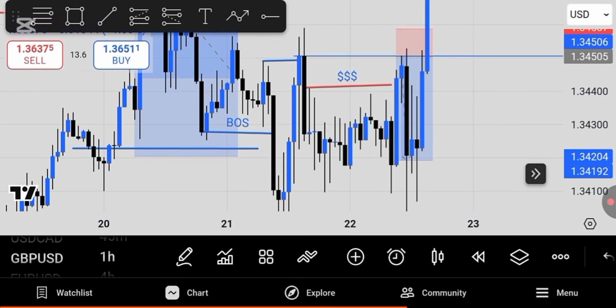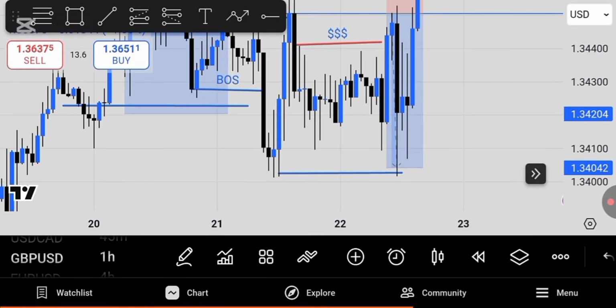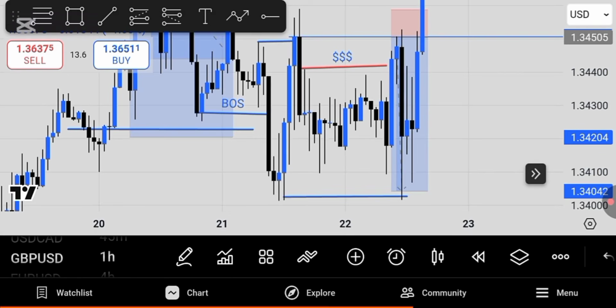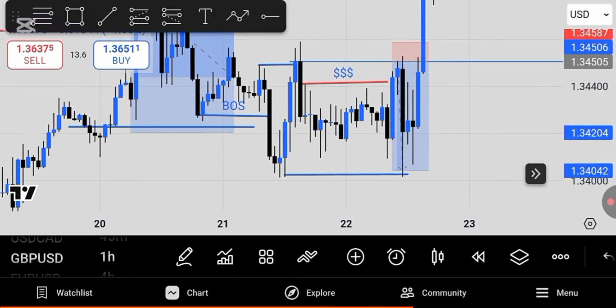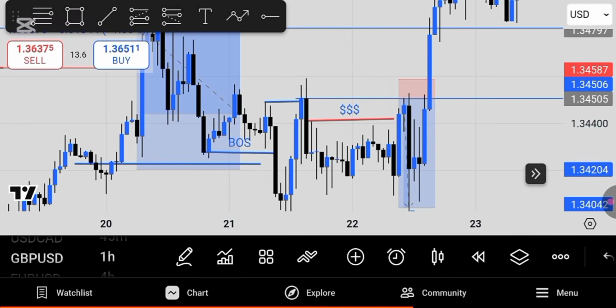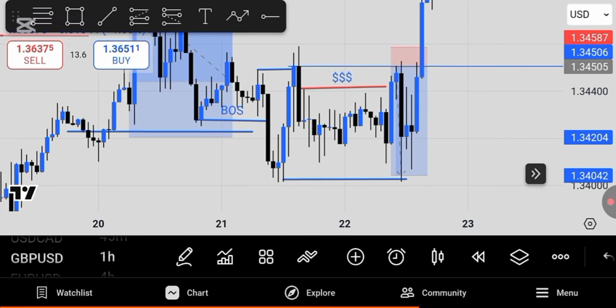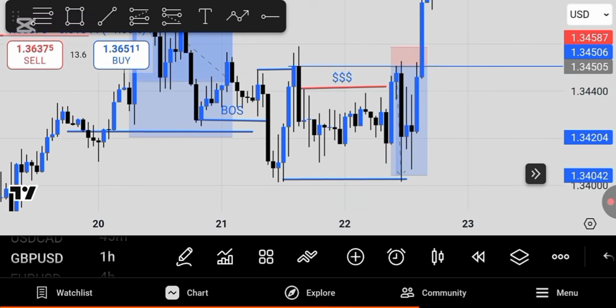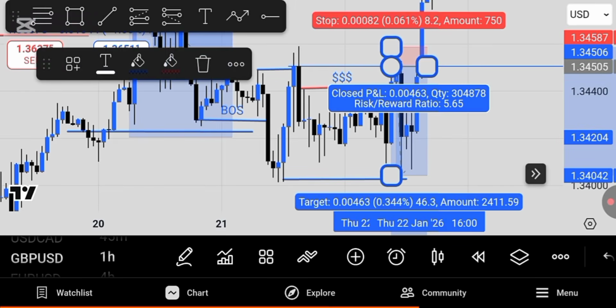You see? So even if your stop loss was as big as this, you would have been getting a 1:5 trade, which is good. But for me, I won't put my SL there because I know what I'm doing, and I will teach you exactly what I'm doing in subsequent classes.